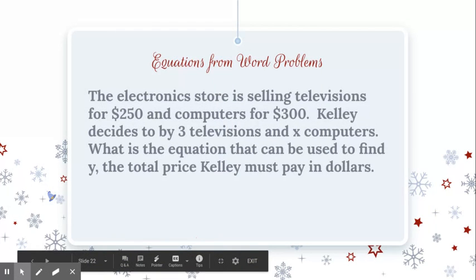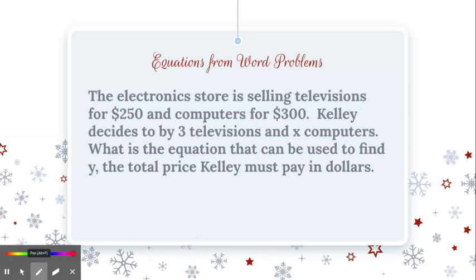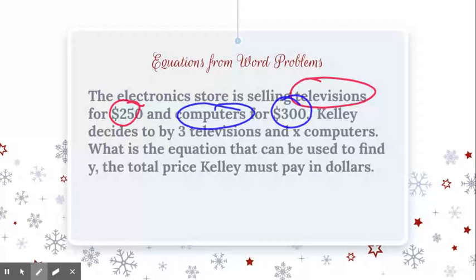Okay. The electronics store is selling televisions for $250. So televisions are $250. I'm going to change the color. Okay. And computers for $300. Okay. Kelly decides to buy 3 televisions and x computers.